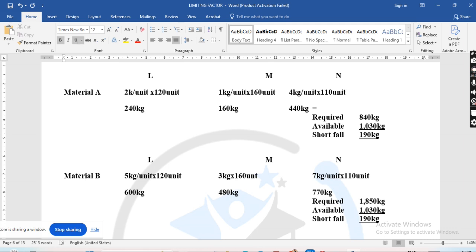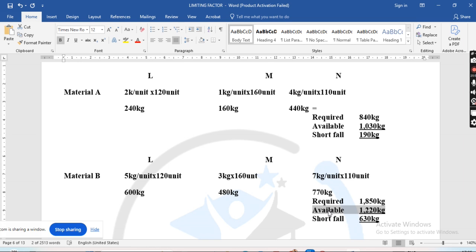Okay. So what is the available? 1220 kg. So what is the short for? 630 kg. So it means that we don't have enough capacity. The capacity that we have is 1220 kg, but the required is 1850.